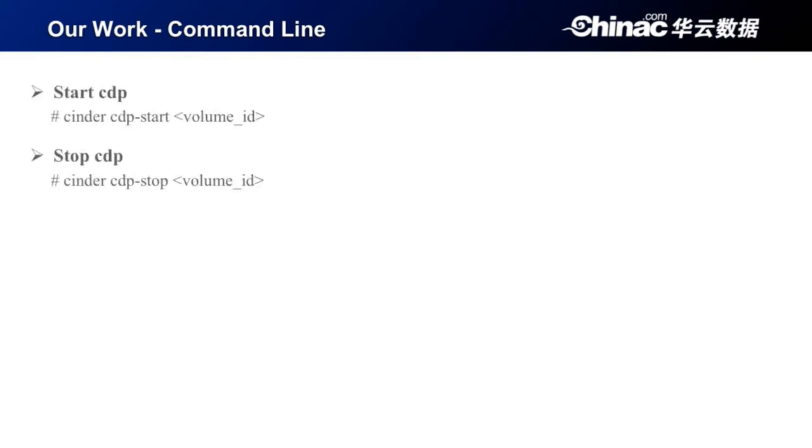Okay, the last part is how to use this service by command line. We have provided REST API and command line. You can use CDP start to start the service on a volume, and use CDP stop to stop this service on a volume.